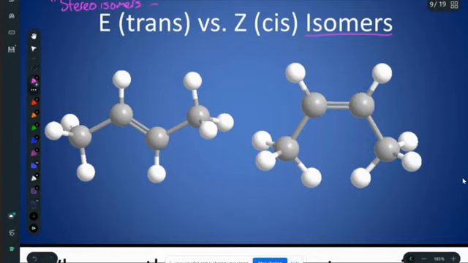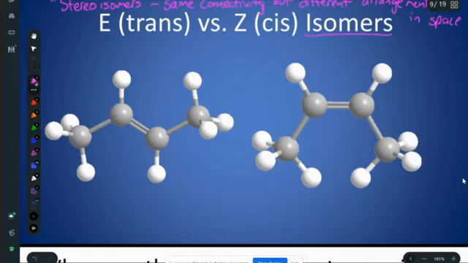These are made of the same atoms. They're connected in the same way. They have what we call the same connectivity, but they're arranged differently in space. So if you ask any atom in these two molecules, what are you bonded to?